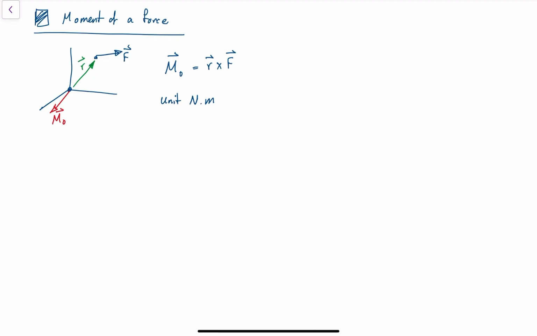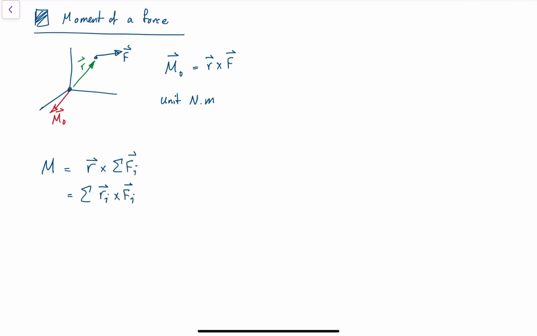And one other thing, if you have a whole bunch of forces, the total moment of a whole bunch of forces is R cross the net force, or you can calculate individual moments, or r_i cross F_i.